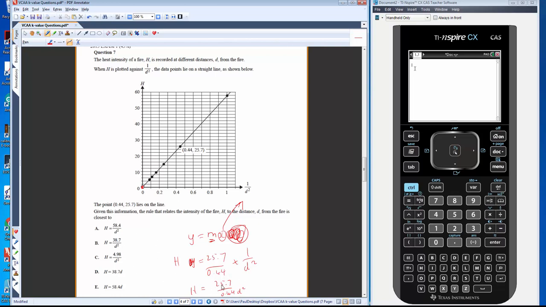The trick is we've got to divide 25.7 by 0.44, and if we do that on the calculator, we get 58.4, which is this value here. So h equals 58.4 over d squared, so that's why this is the correct answer.